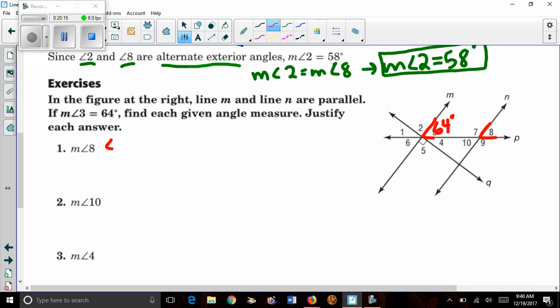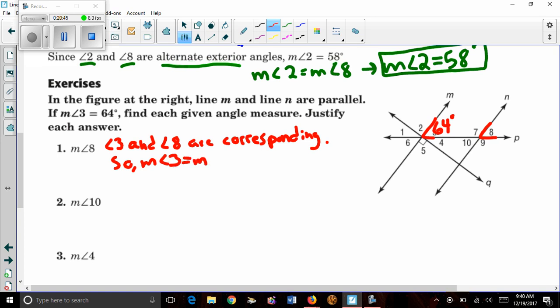Angle 3 and angle 8 are corresponding, so the measure of angle 3 equals the measure of angle 8.